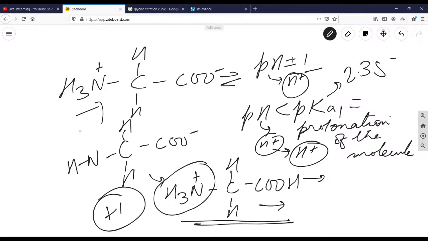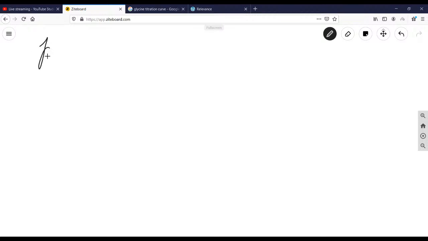If we equal pH to pKa1, half will be protonated and half will be deprotonated, because we do not have too much H+, but we have enough H+ ions that half will be protonated. If it is less, then everything will be protonated. Here pKa1 is 2.35.